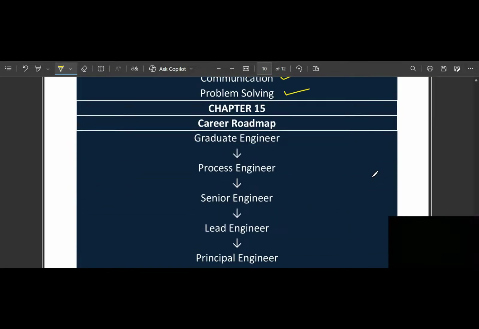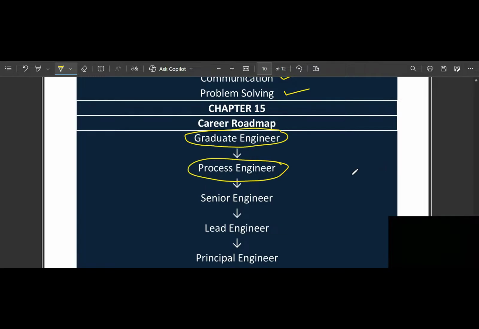Now the career roadmap: what are the steps of building a good career in the process industry? Some of you are pursuing your degree, or have already finished graduation. You start your career as a process engineer.